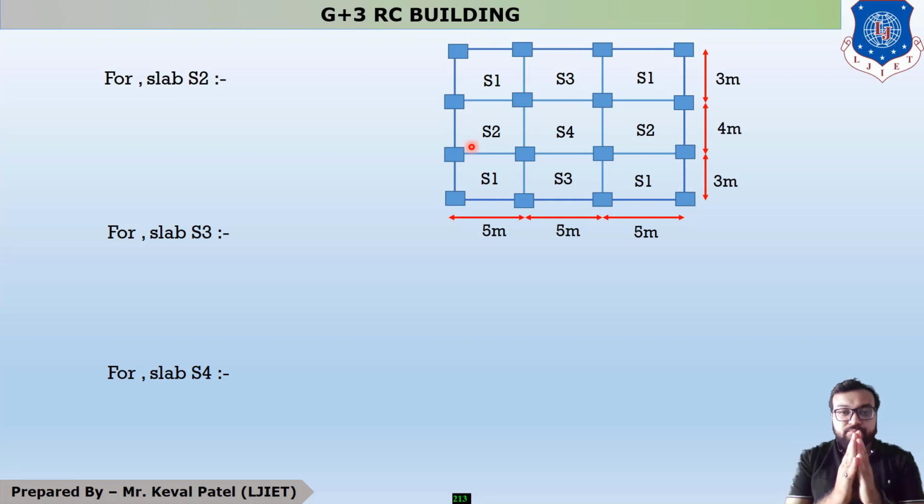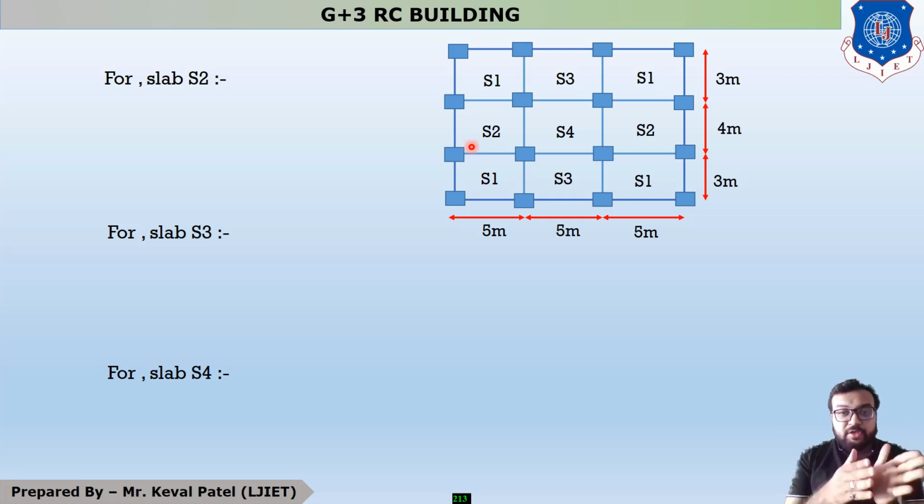Whenever you have to design a two-way slab or one-way slab, your first step is to find the effective depth, your second step is to find the effective span, and your third step is the load calculation. These first three steps remain the same whether it is slab S1, S2, S3, S4 up to S9, because there are 9 different cases for two-way continuous slab.